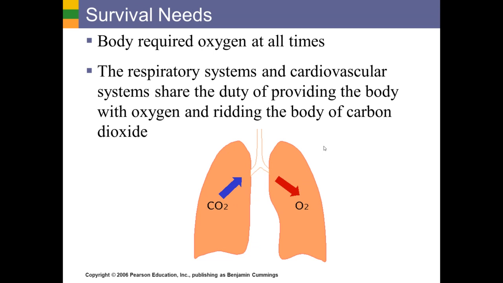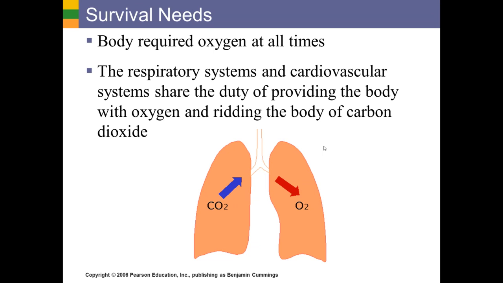You of course know oxygen is needed by the body at all times, and that carbon dioxide is produced by the body at all times and has to be removed. And that is the function of the respiratory system along with the cardiovascular system. The respiratory system oxygenates the blood.